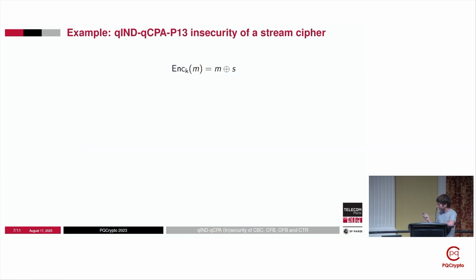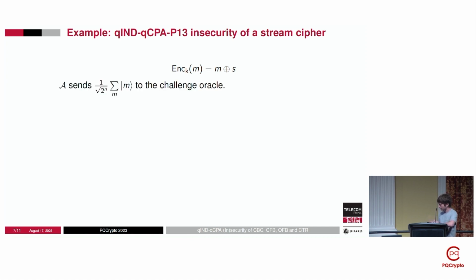So for a stream cipher, for instance CTR and OFB, we will prove that A doesn't even have to query the learning oracle. They can simply send the challenge query directly, and they can win with overwhelming probability in this game. As a reminder, a stream cipher means that the encryption of a message is an XOR between the message and a pseudorandom string.